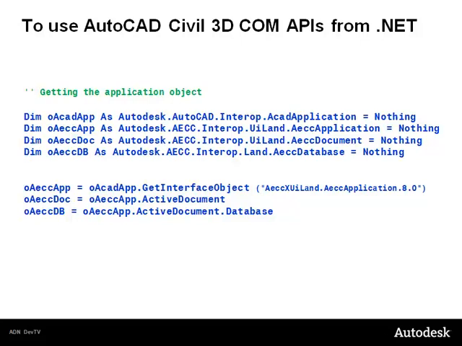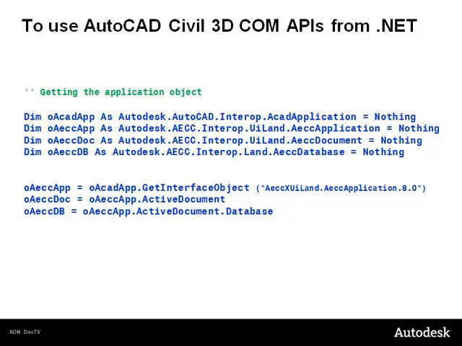The version number is specific to a release, and if you need to access the same Aecc application object in a previous release of Civil 3D, you need to use the appropriate version number. For example, to get the Civil 3D 2010 land application object, you need to use AeccXUILand.AeccApplication.7.0.